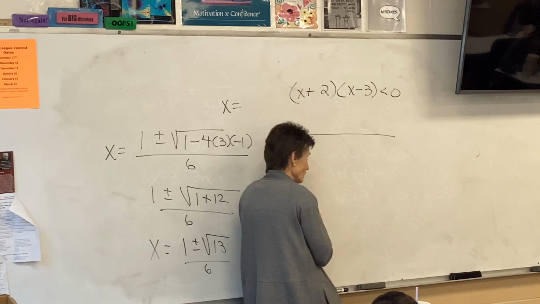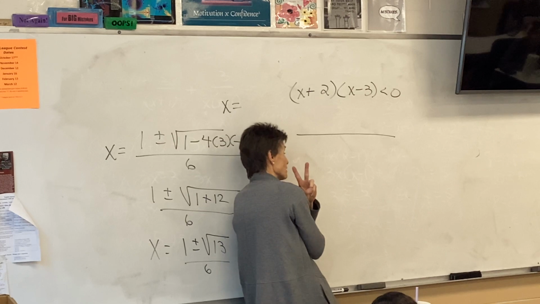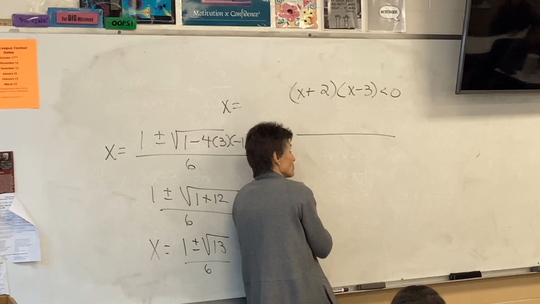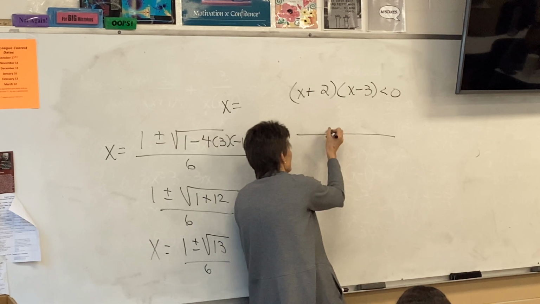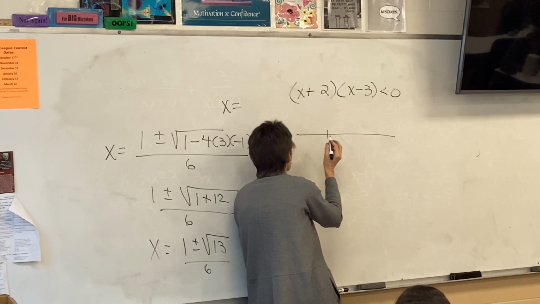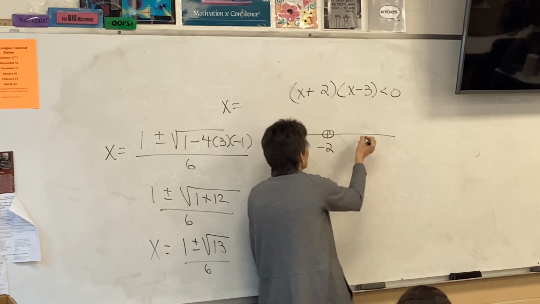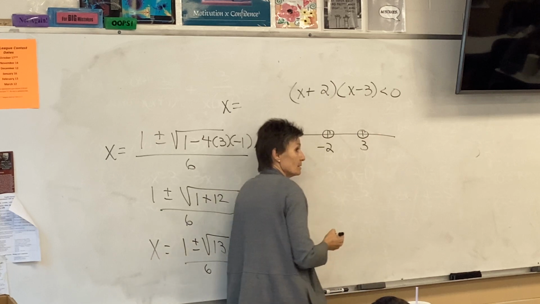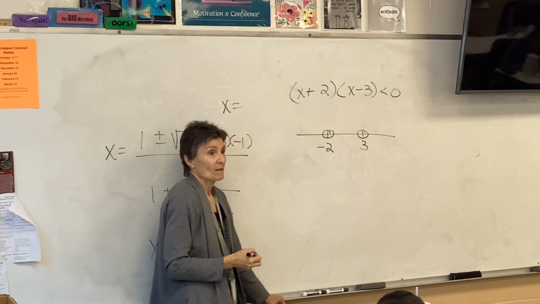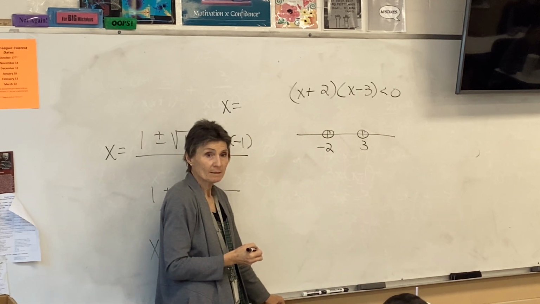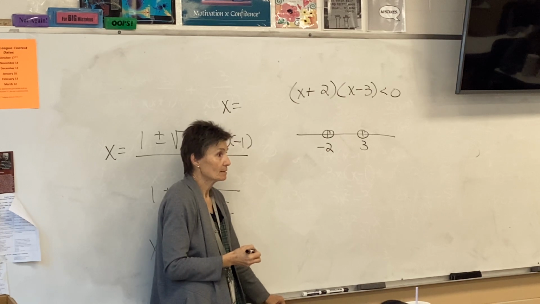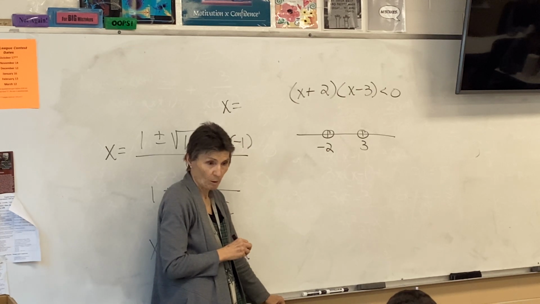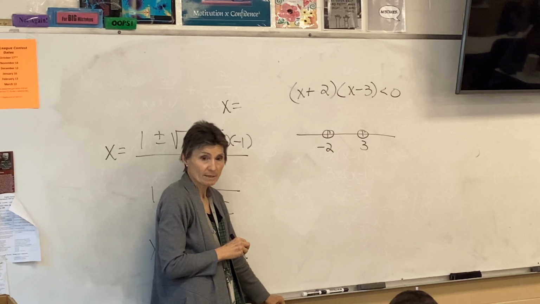Take a wild guess, there are 2 dots in this problem. Take a wild guess where they are. Negative 2 and 3. And I made them open because there's no equal to in the problem. Right?